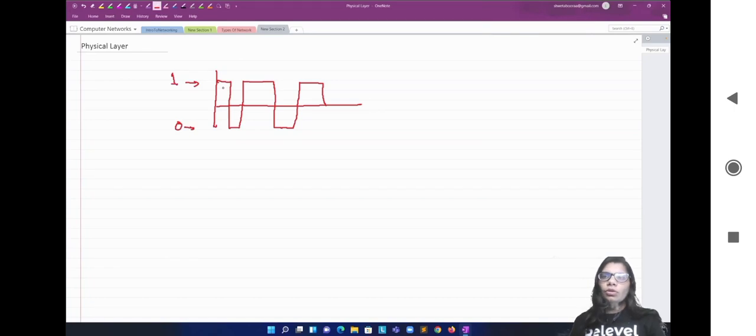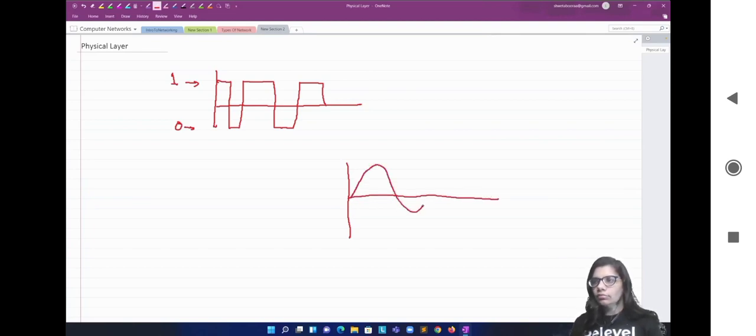So your digital signal is basically representing 1 or 0, that are your binary bits. If I have to represent the analog signal, then we can draw analog signals like this. So analog signals are generally represented in the waveform, while your digital signals are represented like this in binary form as 1 or 0.